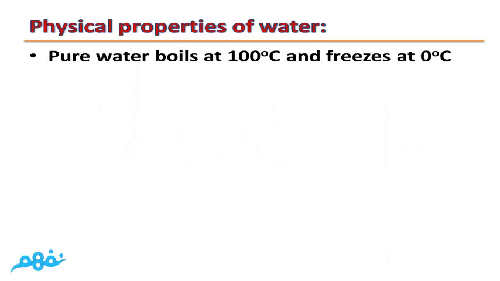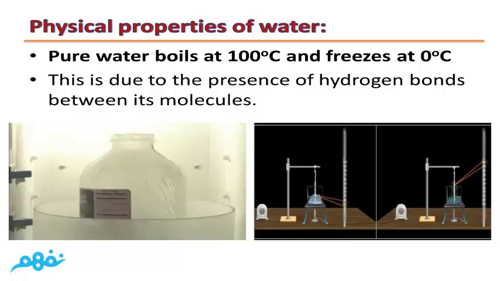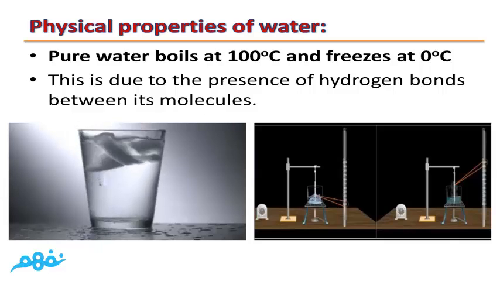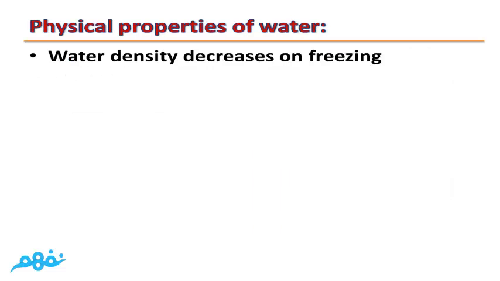Water boils at 100 degrees Celsius and freezes at 0 degrees Celsius. This is due to the presence of hydrogen bonds between its molecules. Because water has hydrogen bonds, this is the reason for this huge difference between its boiling and melting points.